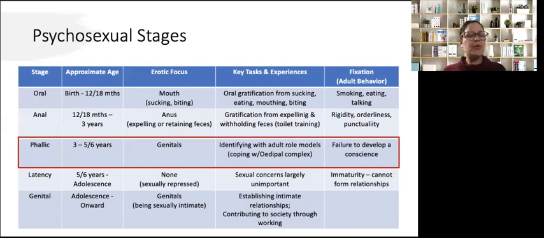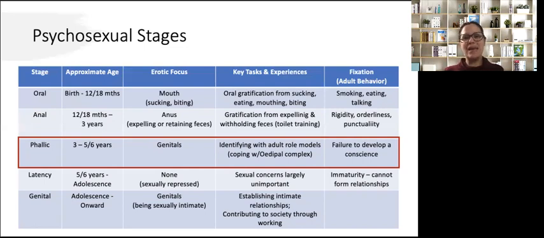But basically, Freud is going to argue that the child must overcome this complex of being attached or sort of obsessed with their parents of the opposite sex. They have to overcome that in order to move on to the next stage. And a lot of the things, if you read about it in the book, it's very misogynistic, right?